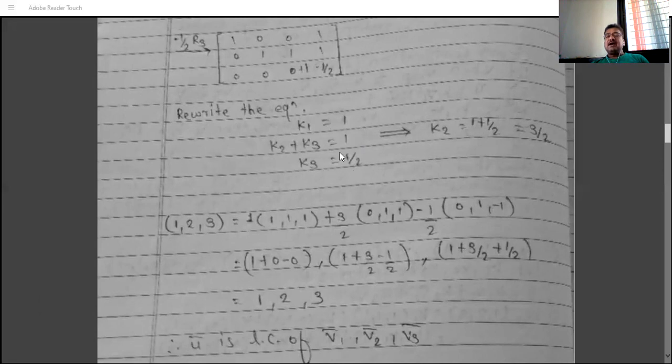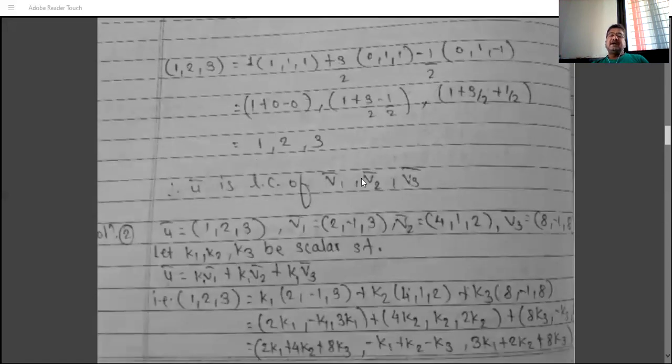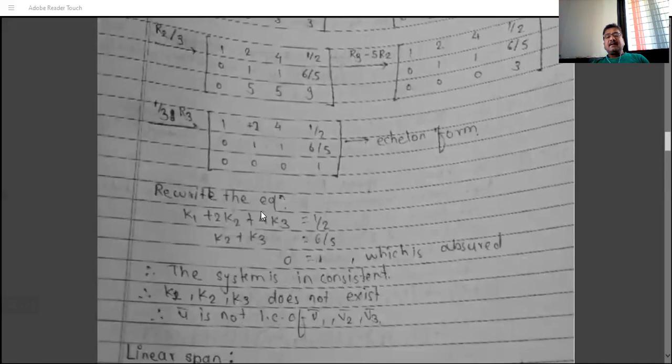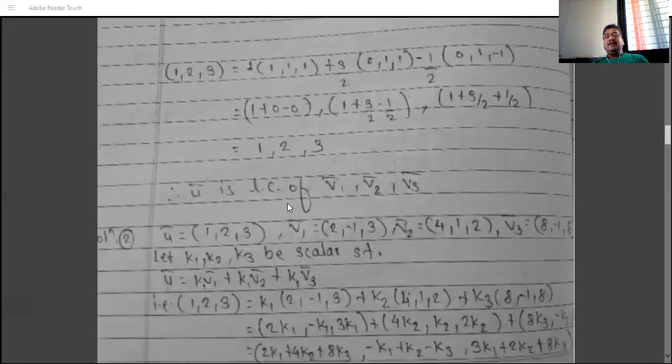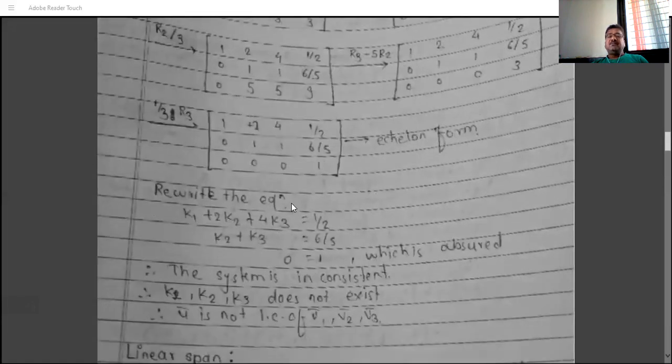These values are the same for all of you, but the echelon form may have a different form. It may vary from student to student, but the answers of K1, K2, K3 are unique. In case of infinitely many solutions, the forms look different, but the answers are the same.